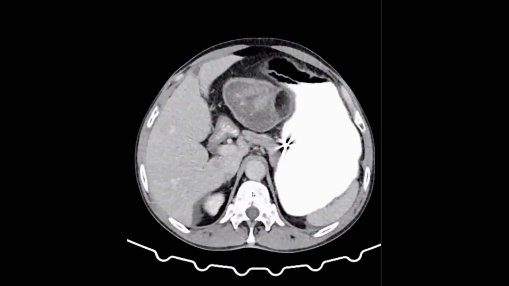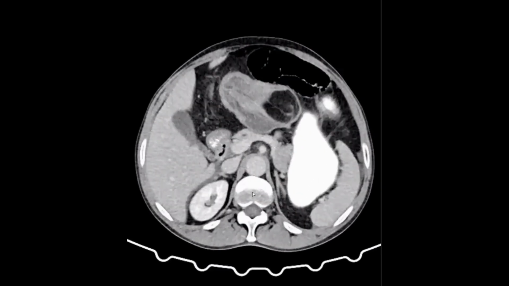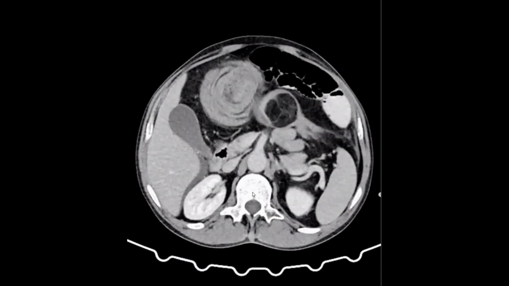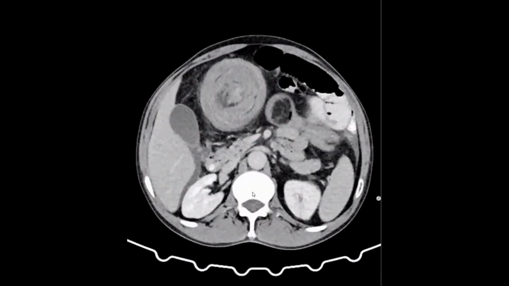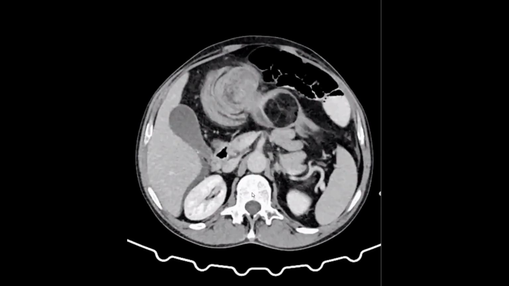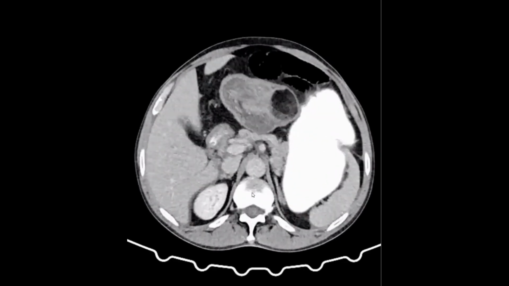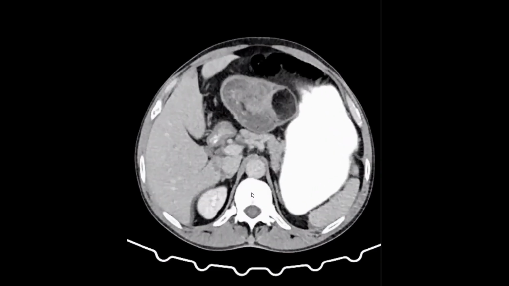And also, there is fat density identified within the transverse colon. So this may appear as a lead point which leads to this colonic intussusception and bowel dilatation.